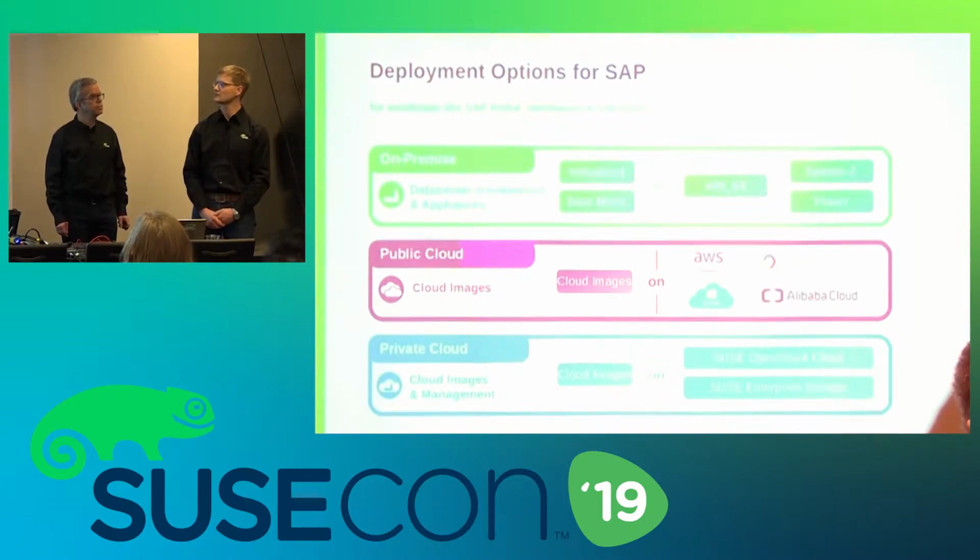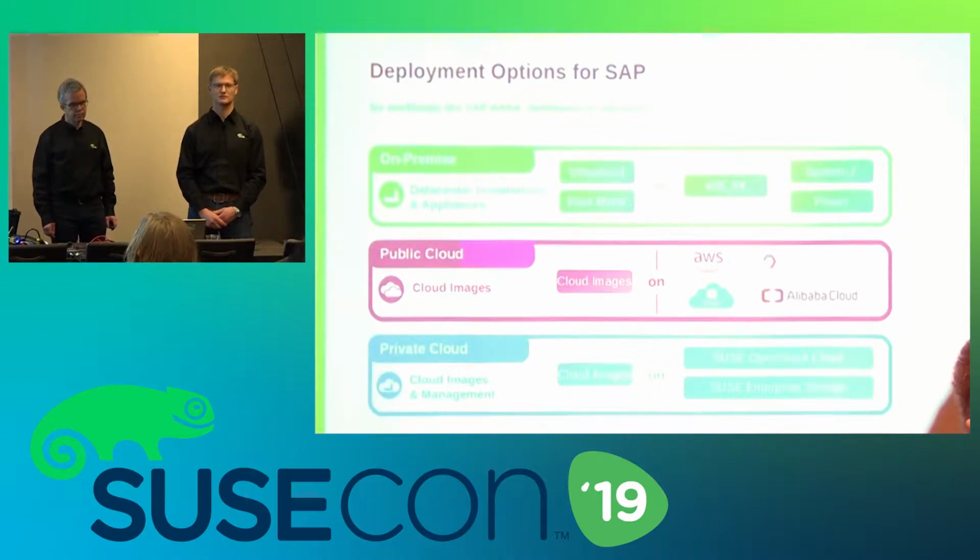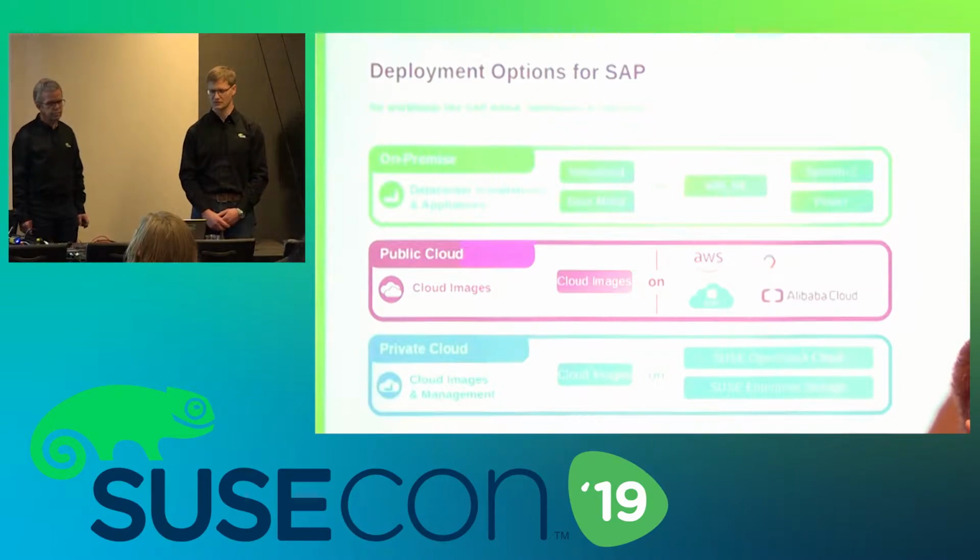So you can install SUSE Linux Enterprise Server and your SAP workloads on-premise, it doesn't matter if it's virtualized or bare metal. We support different architectures: x86, System z and Power. We also have images available for the public cloud, so you can also run your SAP workloads in the public cloud. All of them we are supporting.